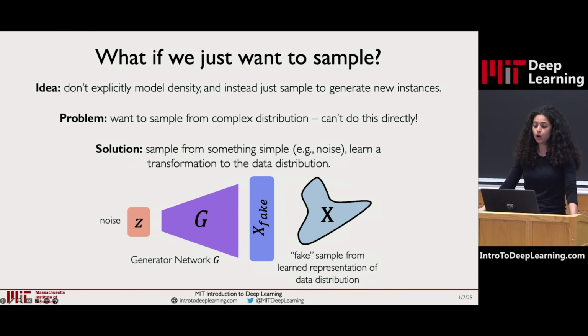So instead, what GANs propose is an approach to transform something really simple, even as simple as completely random noise, into the actual data distribution that we care about. And as we'll see, the GAN approach trains a generator model that can learn a mapping from a distribution of completely random noise to the distribution of our training samples.